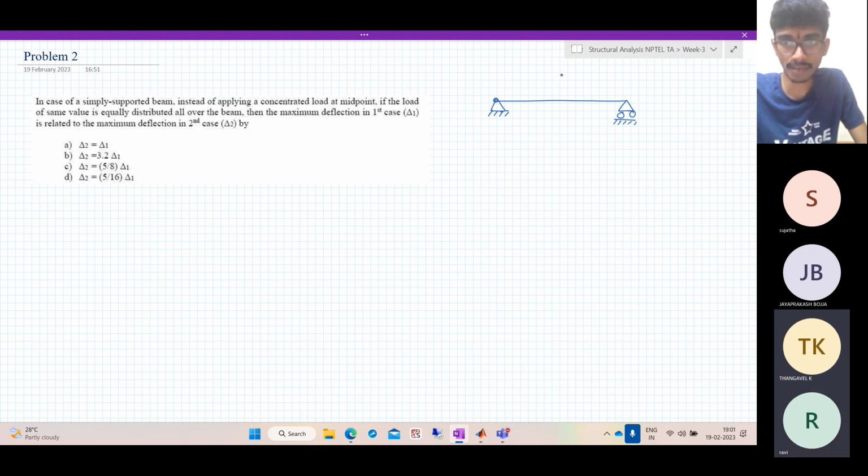In one case, you are applying a point load and you see how much it deforms, and they call that delta 1. So let this load be P. And in the second case, you're distributing the same load in a uniform fashion.